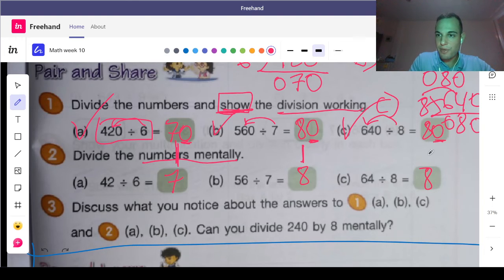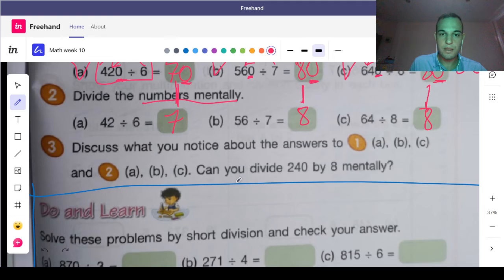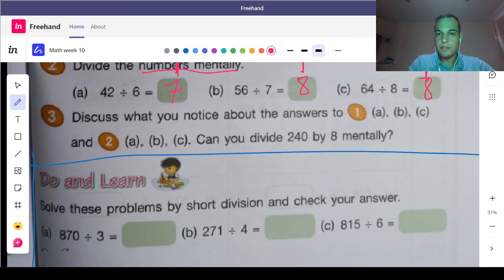It's the same thing, right? But there's a 0. All right, so you could always look at that. Can you try to do 240 divided by 8 mentally? Sure, why not? 24 divided by 8 is 3. Then bring the 0, and we have 30. Super easy.